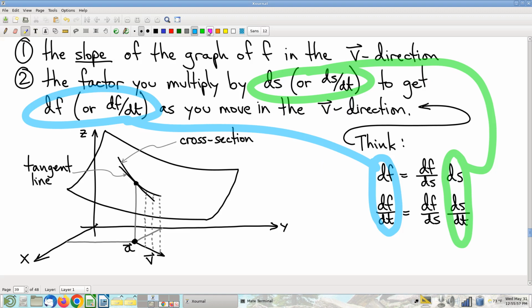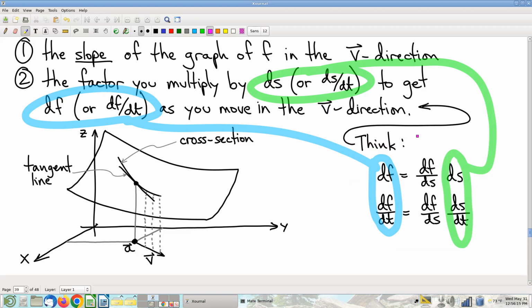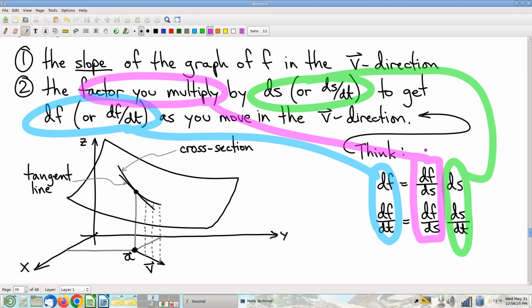And just looking at this algebra right here, this is arguably single variable calculus, old news. Single variable chain rule down here on the bottom, sort of a statement about differentials on the top there. From the point of view of these equations, what is the multiplicative factor? Well, here it is. It's df/ds.